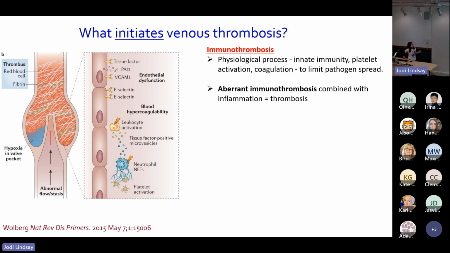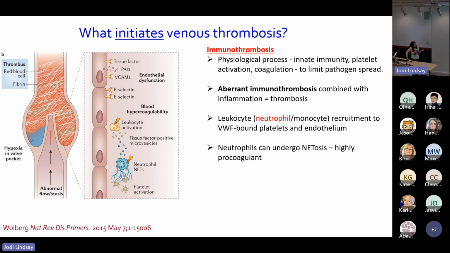However, when you have on top of this inflammation, such as is the case in DVT, that leads to aberrant immunothrombosis and the formation of a thrombus. There are also other cardiovascular diseases where this is happening, such as stroke or atherothrombosis, and more recently in COVID-19.